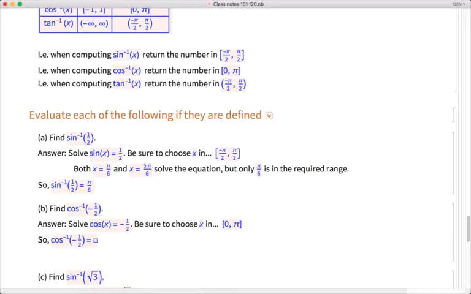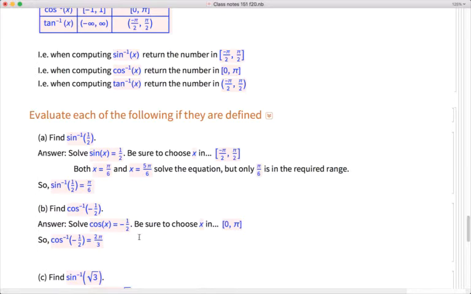And this should be a small x value, so I think we want this steep. So I think this is 2 pi over 3. There are other x values whose cosine is equal to -1/2, but this is the only one that falls in the required interval from 0 to pi.